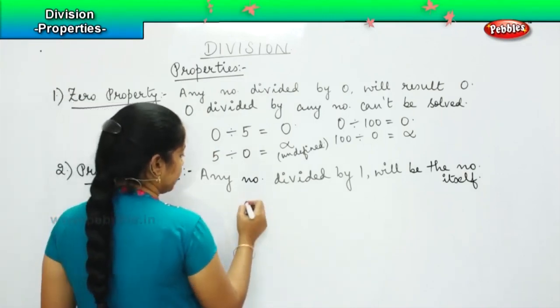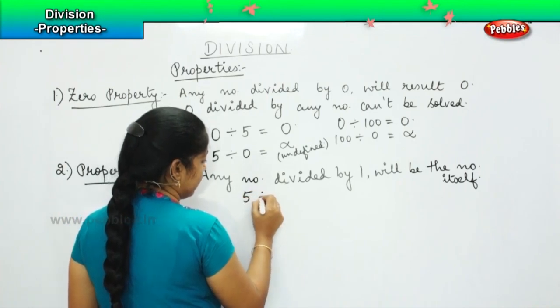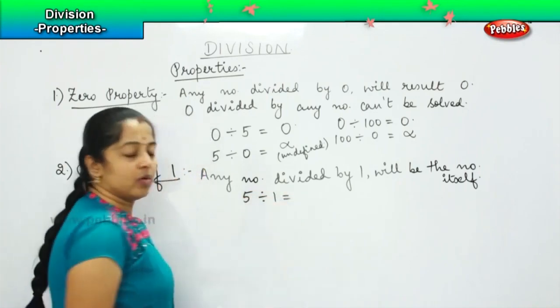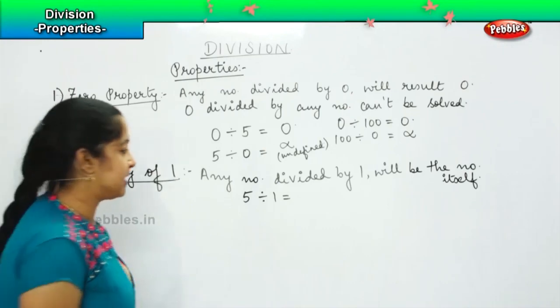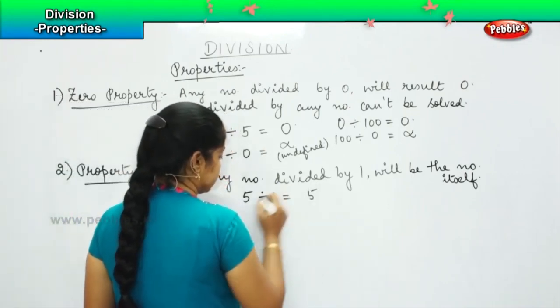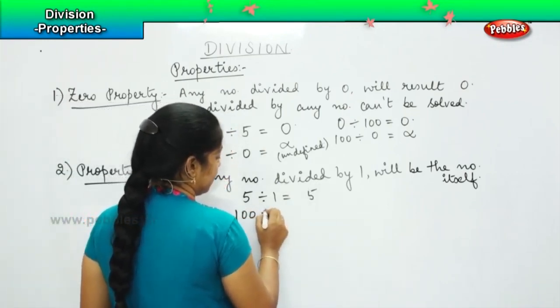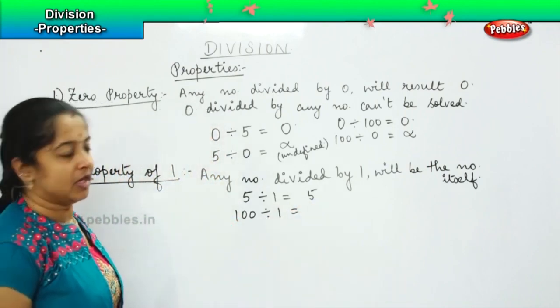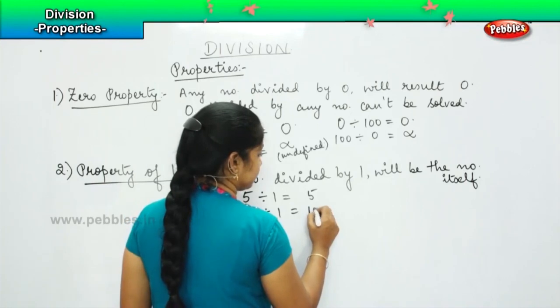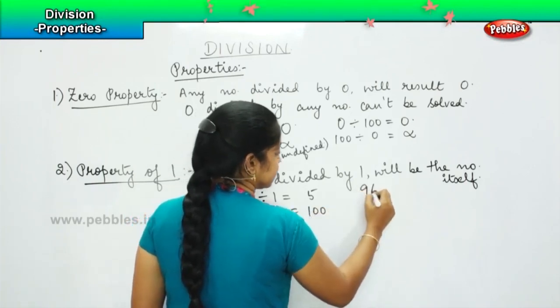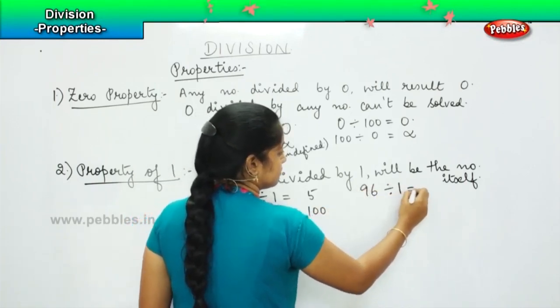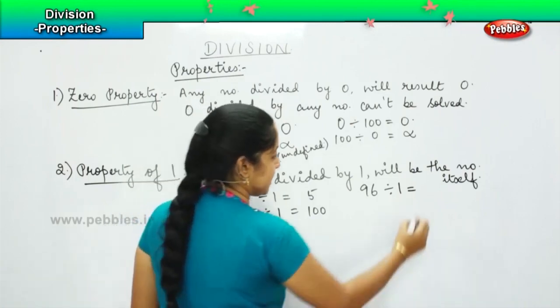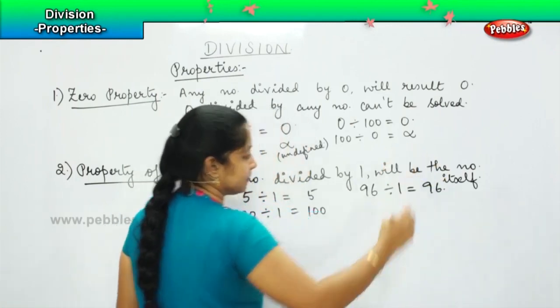For example, if I write 5 divided by 1, what will be the answer? It will be the same, 5. Similarly, 100 divided by 1, what will be the answer? It will be the same, 100. 96 divided by 1, it will be the same, 96 itself.